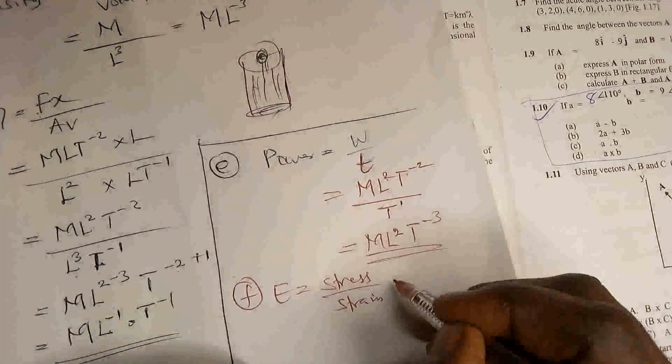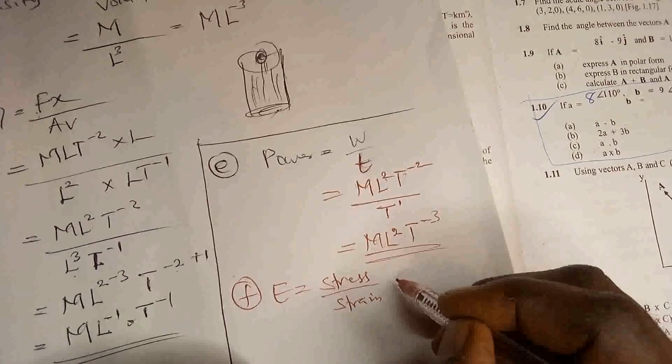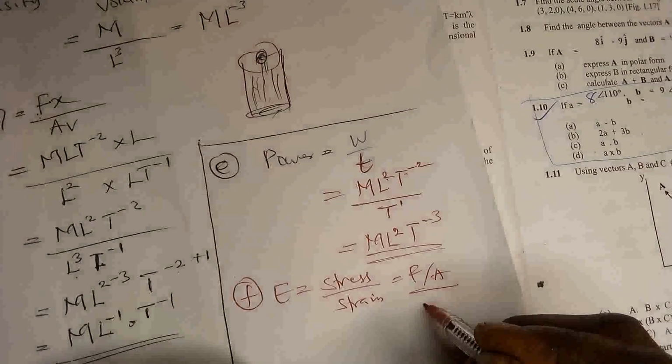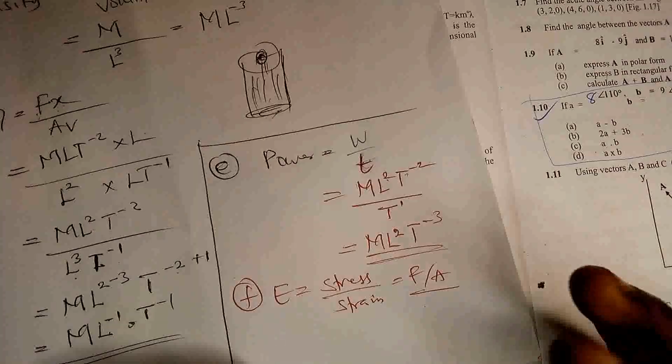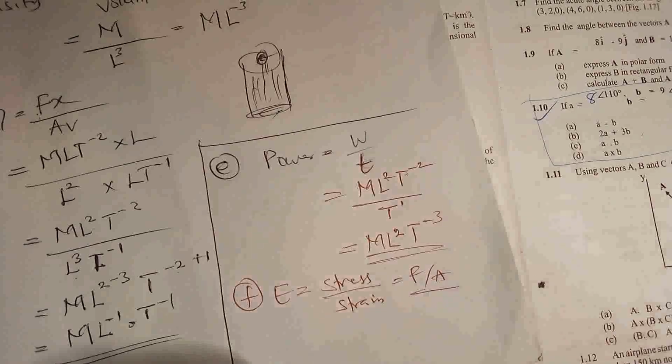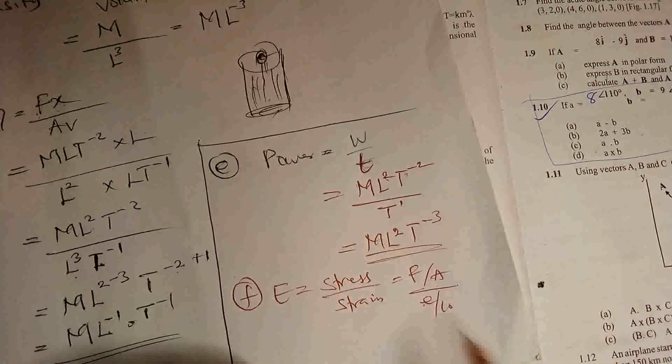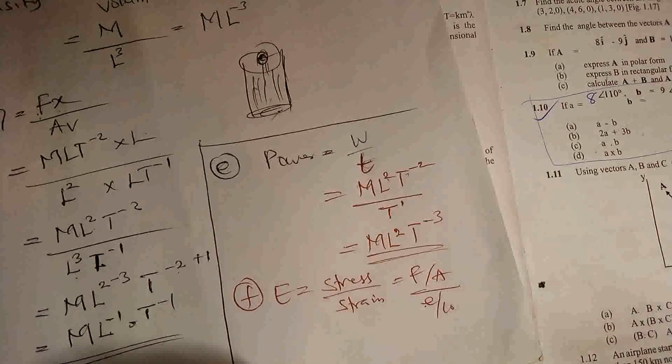All right, so we have here as our stress is force over area, okay, while our strain does not have dimension because it is what? Extension all over original length, which is E all over L. So length will cancel length in terms of dimension, so that is off.